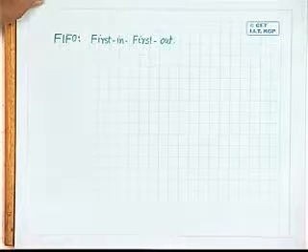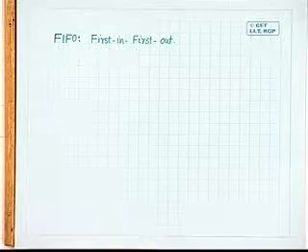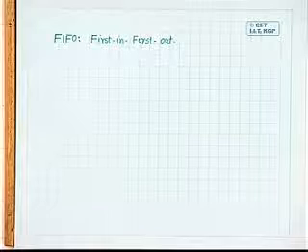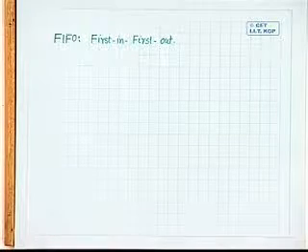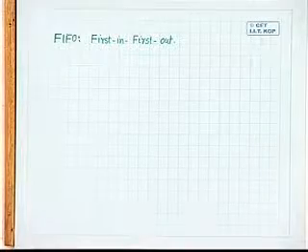Now what is this first in, first out type of page replacement? That is, out of the pages which are there in the main memory, the page which was brought first has to be replaced. Okay.